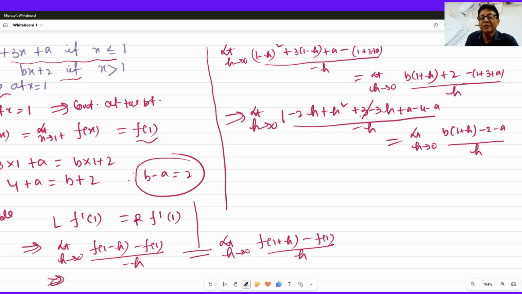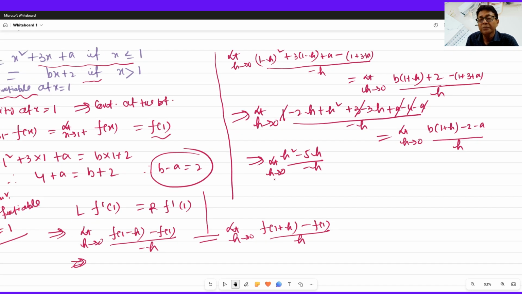So 3 plus 1, this 4 gets cancelled, a also. So this implies h squared minus 5h by minus h, under the condition h tending to 0, will be equal to limit h tending to 0 of, you can check this condition once, that b equal to a plus 2. So this minus 2 minus a you can replace by b, that divided by h.